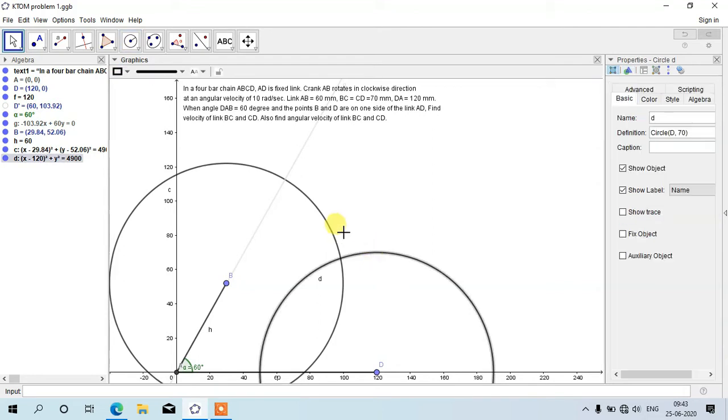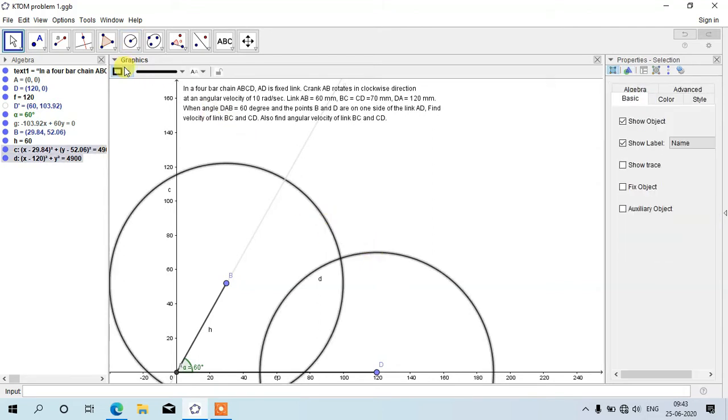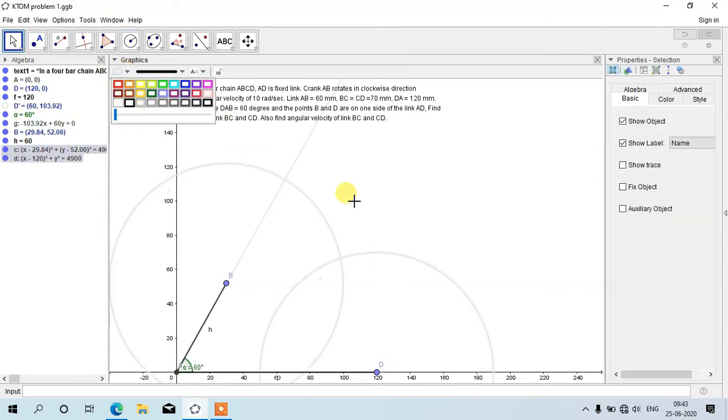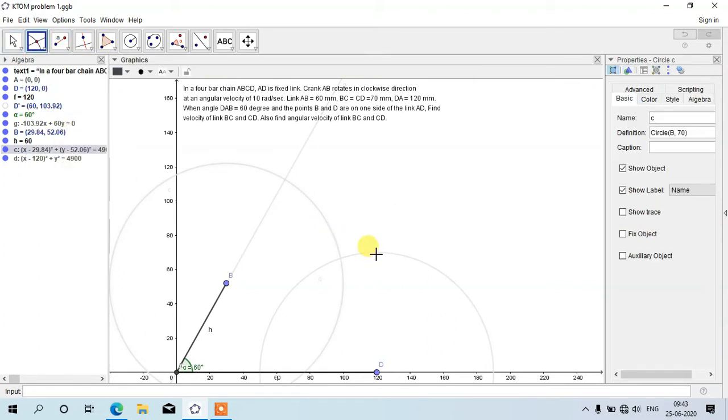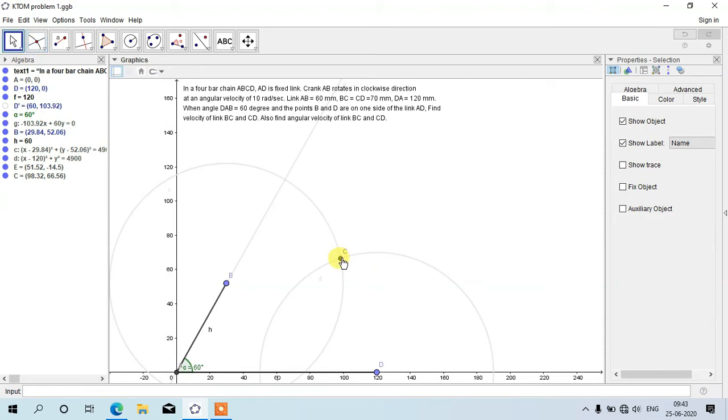These are not our main components, so I will make them a lighter shade. So now at the intersection of these two arcs, I can find the point C. We can find the point C at the intersection of these two arcs.